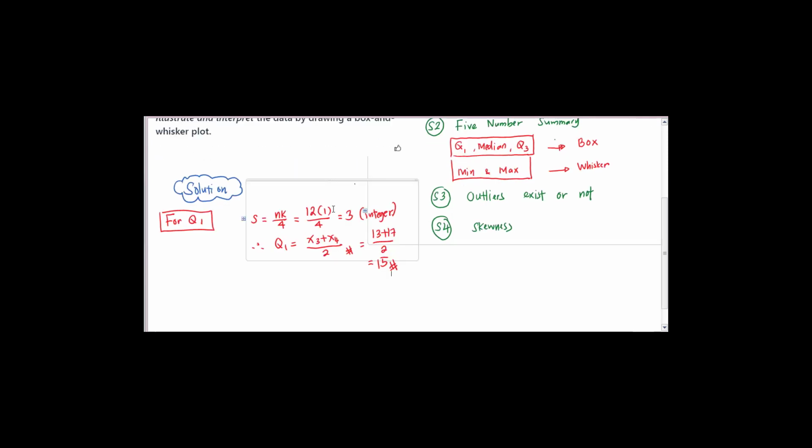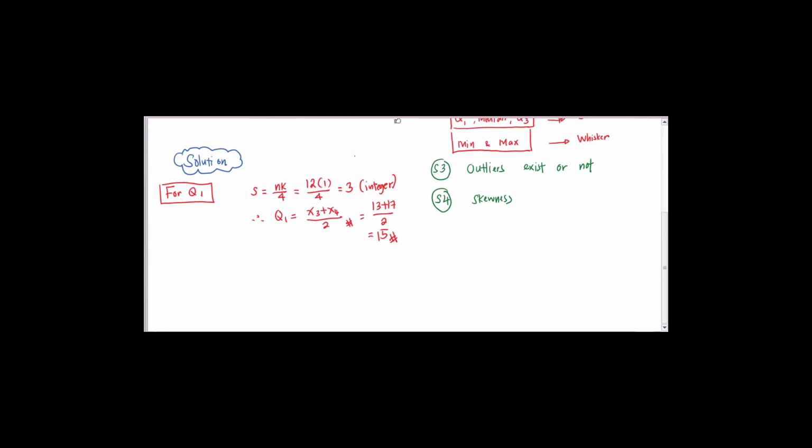Okay, the same thing we proceed to finding Q3. For Q3, S is equal to 3 over 4 times 12, which is equivalent to 9. Therefore, Q3 is equal to the average of the 9th and 10th observations.